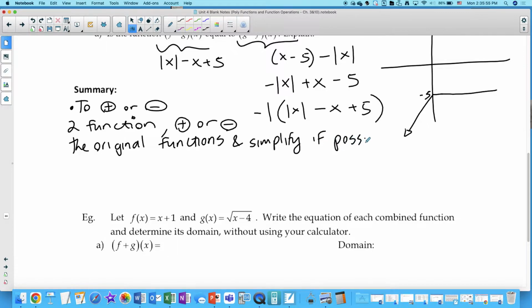I feel like I could have phrased that sentence better, but I think you guys know what I mean. Okay. The important piece is the domain and range.